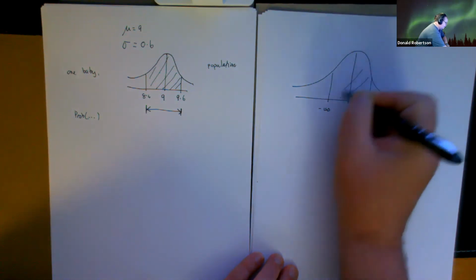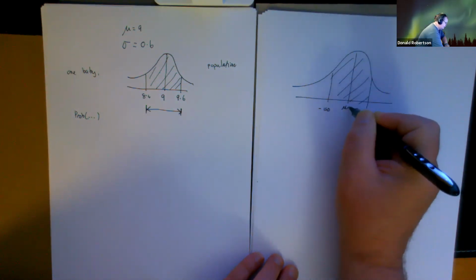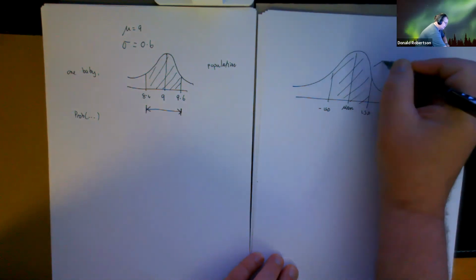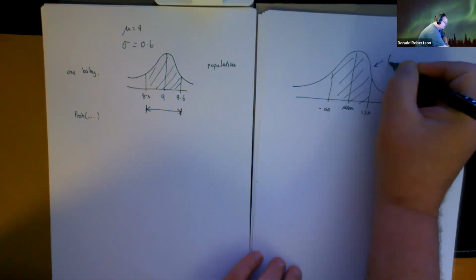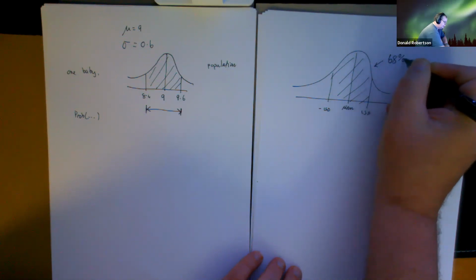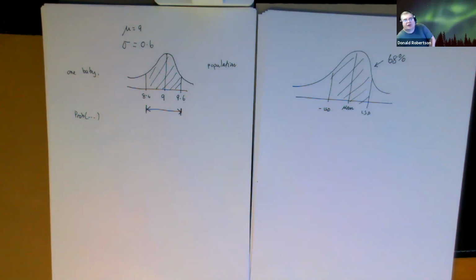Between one either side of the mean. The answer is 68%.